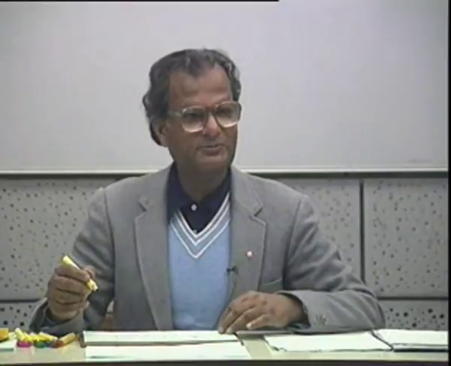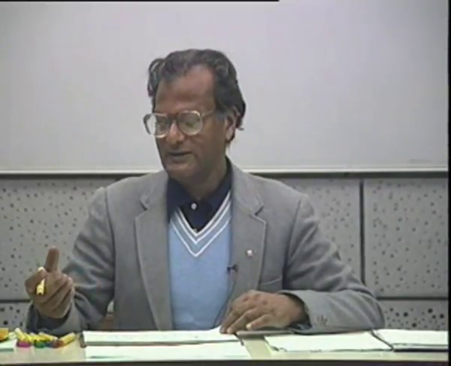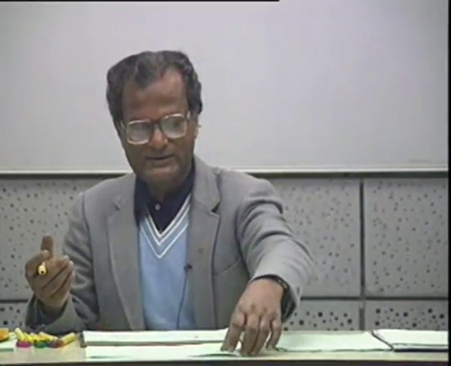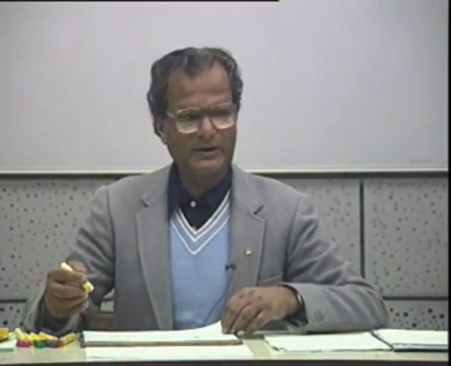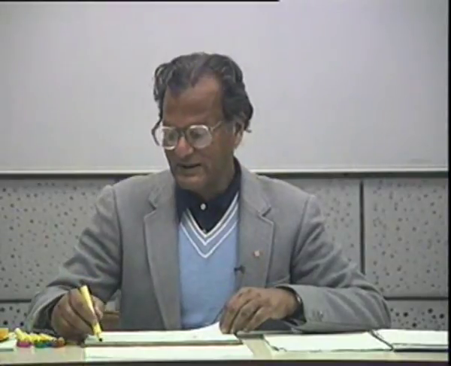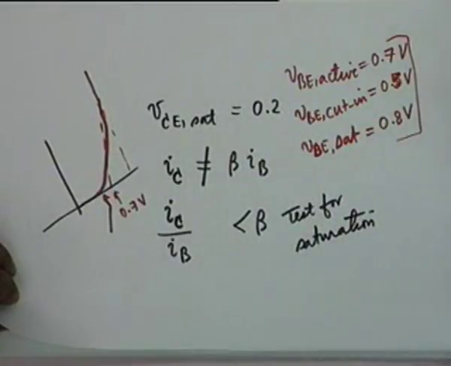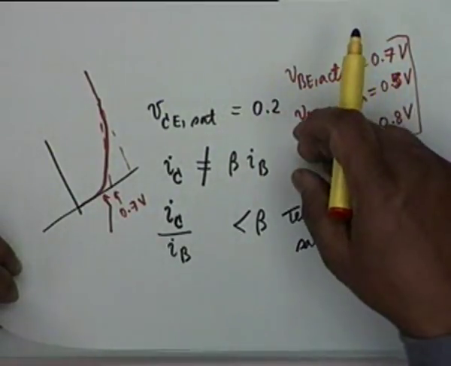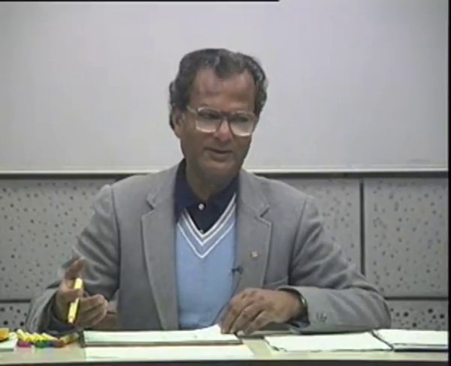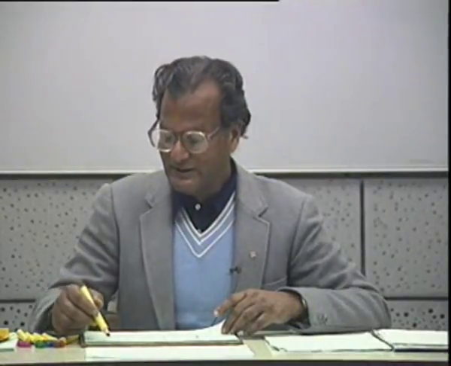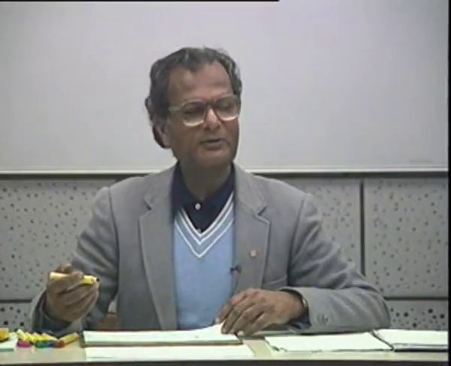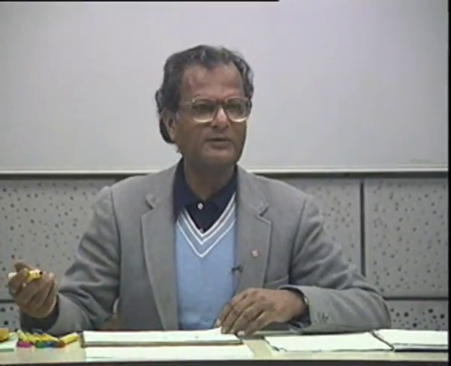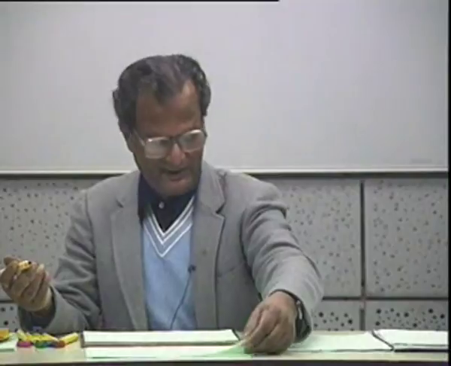These figures you must remember. In an actual transistor, there may be small variations. This will be specified by the manufacturers, but if nothing is specified, these are very good figures to take and base designs on. After all, no design made on paper is going to work in the laboratory. You will have to make adjustments, and therefore these are good figures to start with. You design the circuit, wire it up, and then you make small adjustments here and there to get what you want. That's a fact of life.